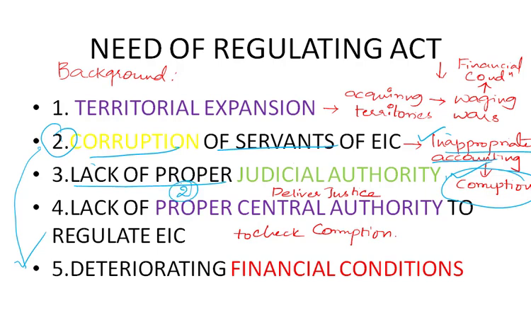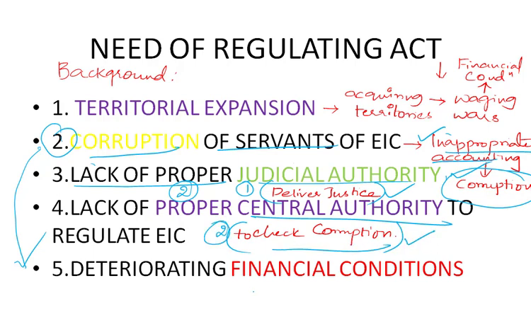And the third point is the lack of 2 authorities. The first is the lack of judicial authority, to deliver justice. And the lack of central authority, to check the corruption among the servants of the East India Company. So this lack of proper judicial and central authority led to the enactment of the Regulating Act 1773.